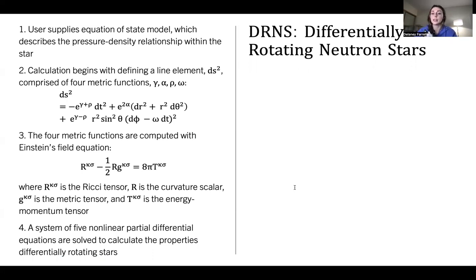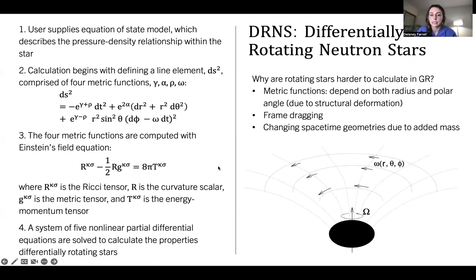So in general, numerically simulating rotating neutron stars, either uniformly or differentially rotating, is a much harder task than modeling non-rotating stars. And there's a few different reasons that I've listed here.